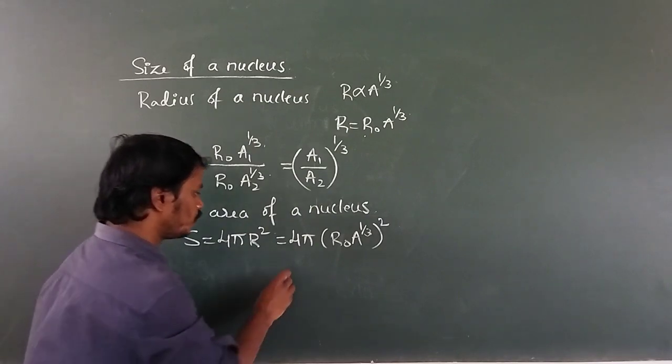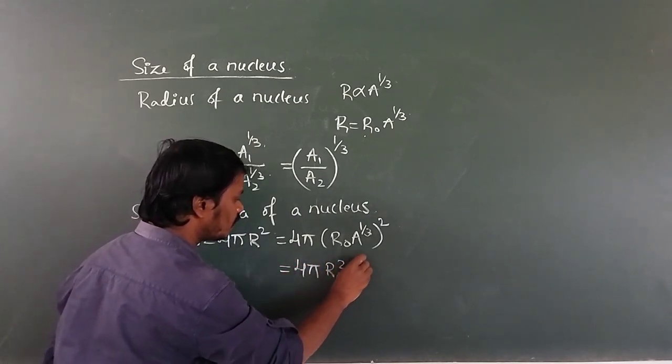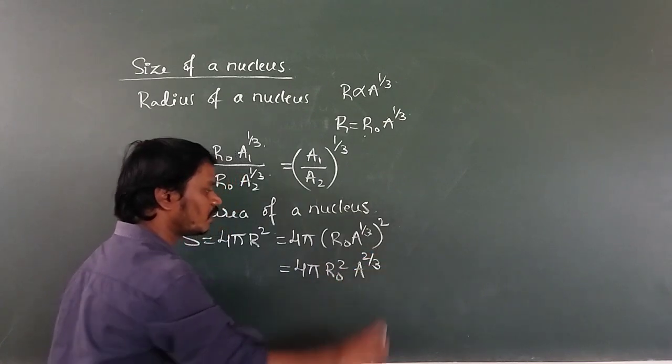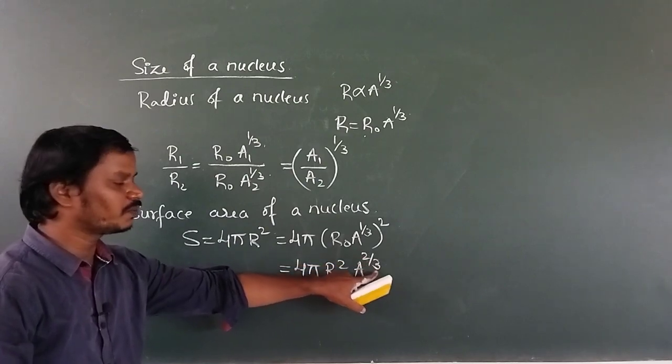See here, 4 pi R0 square into A to the power of 2 by 3, which means surface area is directly proportional to A to the power of 2 by 3.